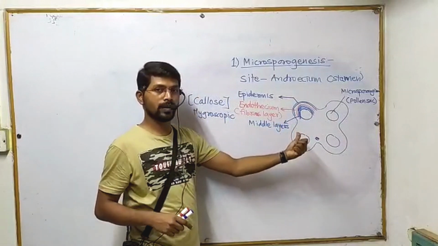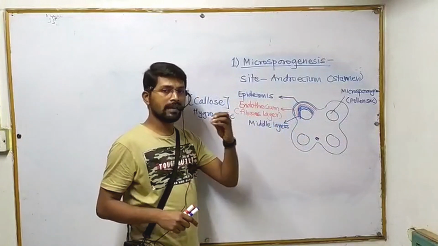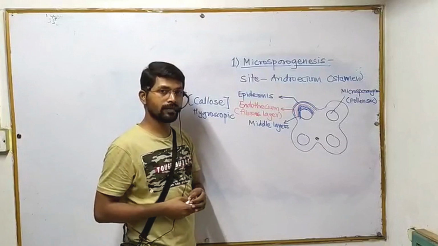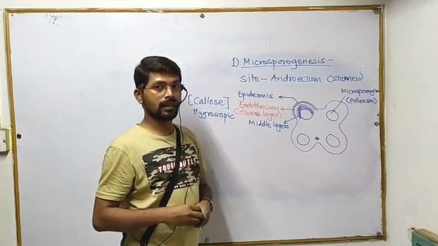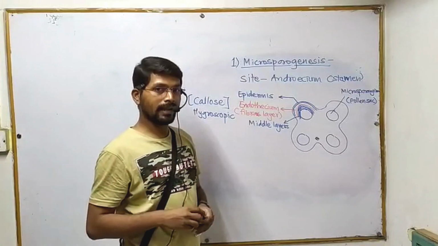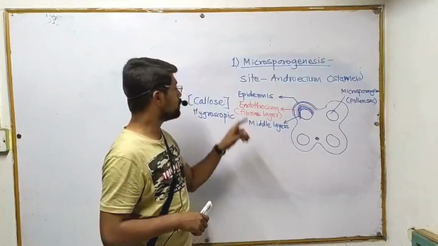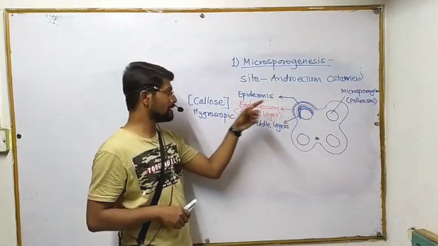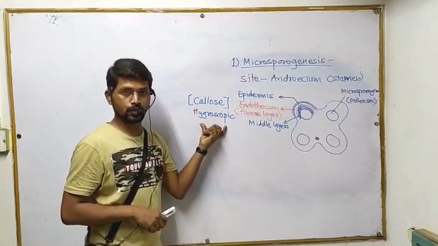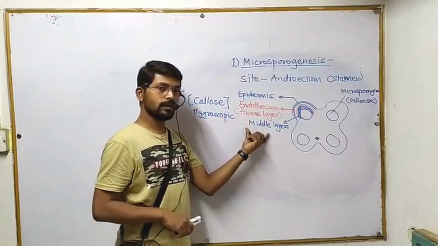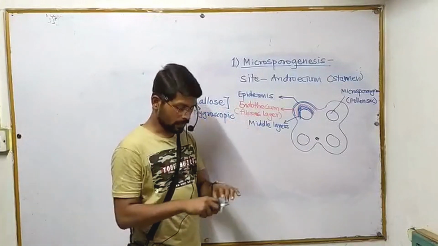So they are also involved in the dehiscence of anther. But when in exams they ask you what is the exact layer which is involved in dehiscence of anther, then your answer is endothecium, because it consists of the callose which is hygroscopic in nature. The third layer is called as middle layer. They will get degenerate at maturity.